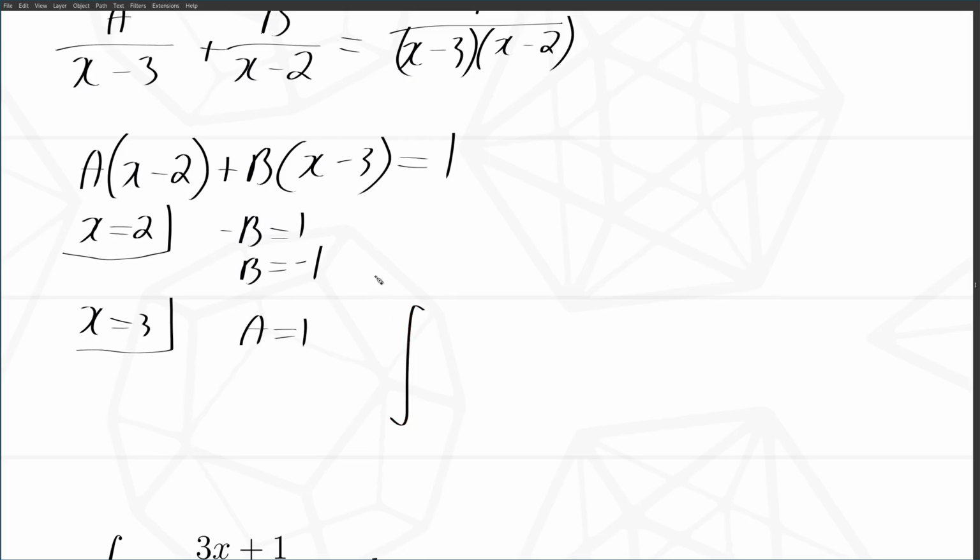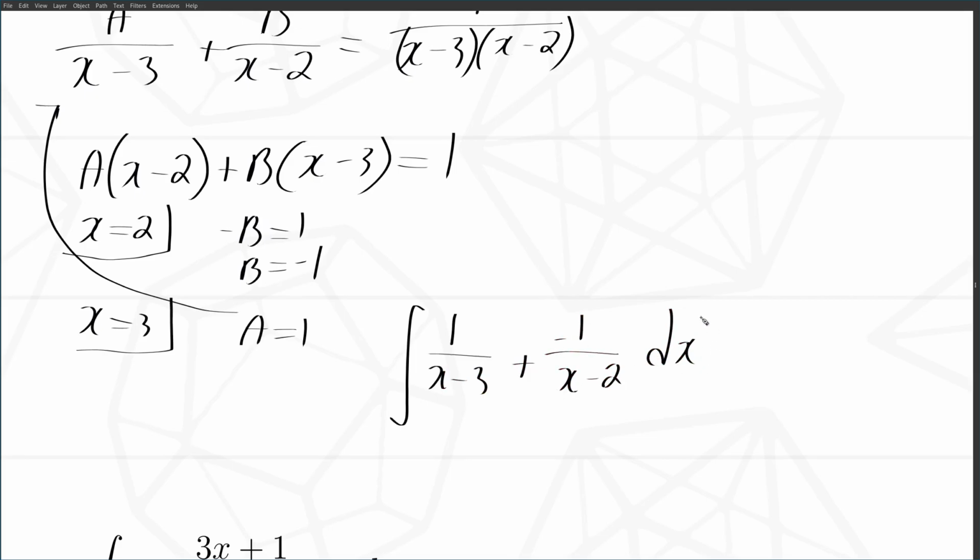A is equal to 1, so we put that in. So that guy, 1 over x minus 3 plus negative 1 over x minus 2 dx.